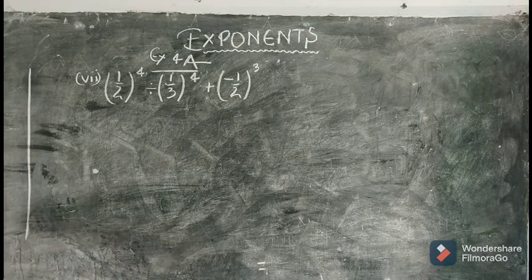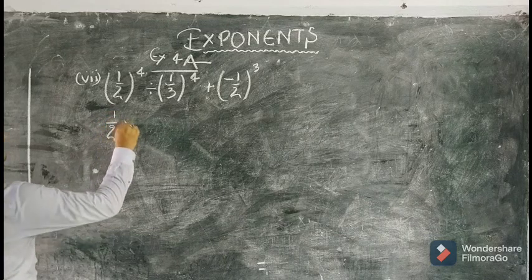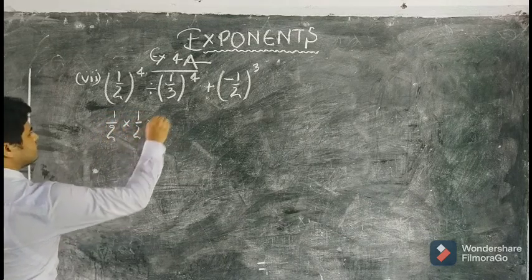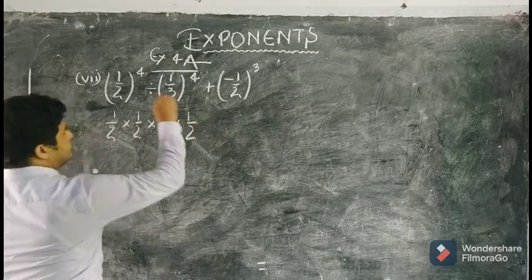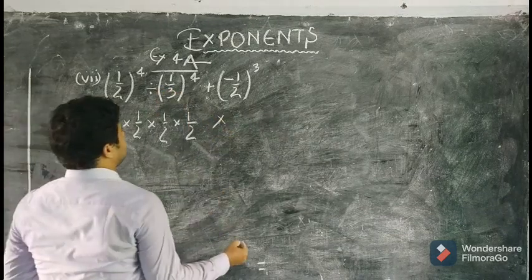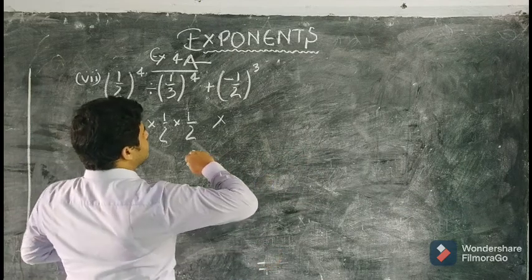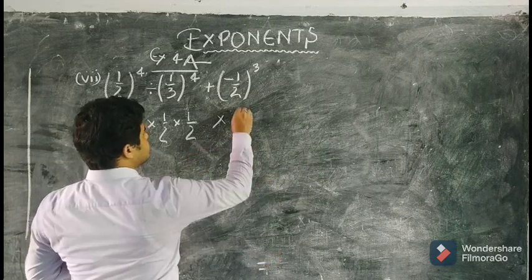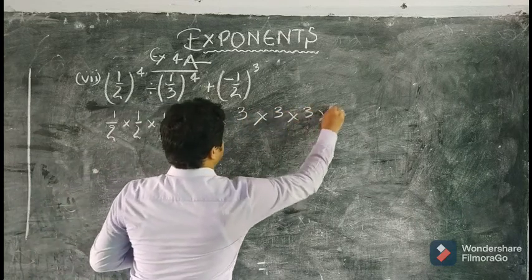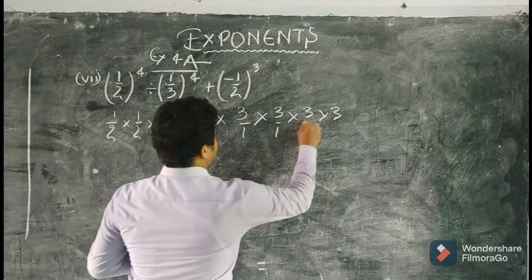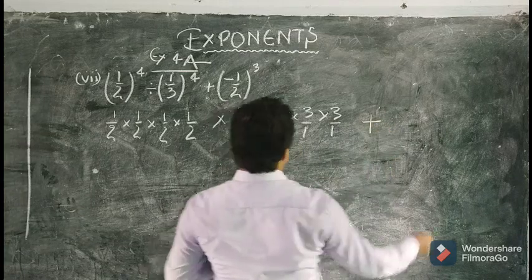So 1 by 2 power 4, so I'll write it down as 4 times. Divide will be changed into multiply, and 1 by 3, 4 times, but multiply will do the reciprocal of all of them, so it will become 3 by 1, and plus minus 1 by 2 cube.